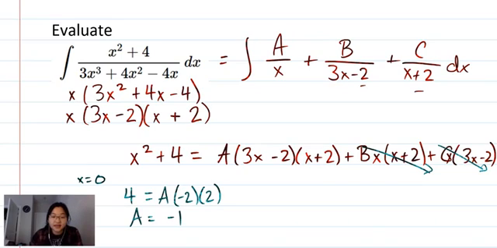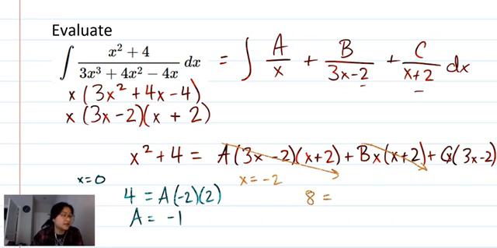That's nice. What else can we do? Well, we could also plug in x equals negative 2. So if we let x equal negative 2, that means that this goes away and this goes away. So then we're left with negative 2 squared is 4 plus 4 is 8 on the left side.